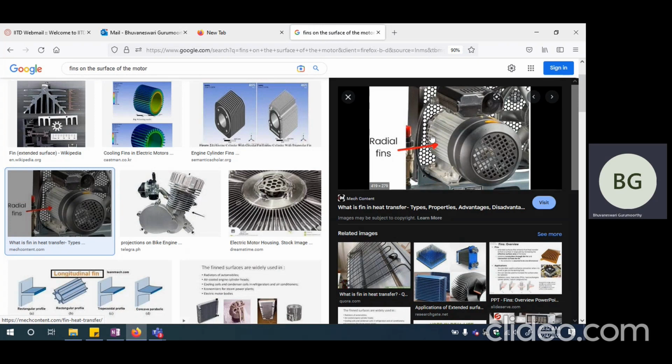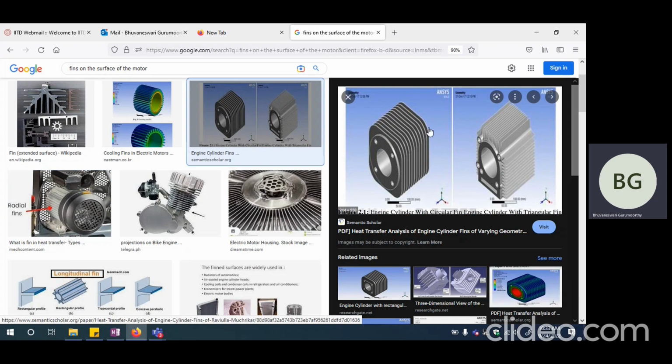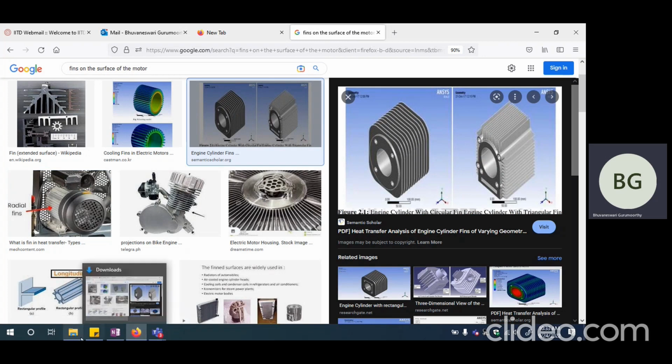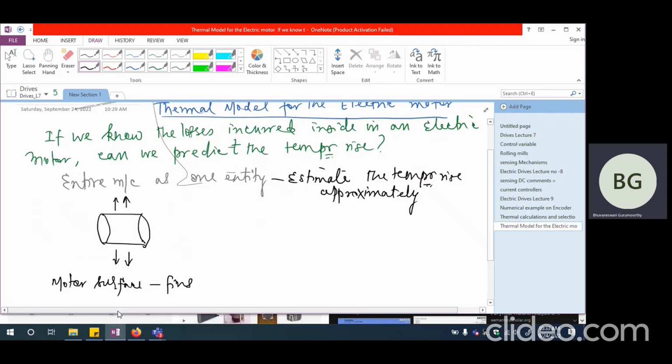What you have is something like a groove, and it is actually having more and more surface area because of the grooves that have been carved along the surface. You can see here also, this also has some grooves, which is going to give additional surface area so that the cooling takes place very quickly. Okay, so let me come back here.